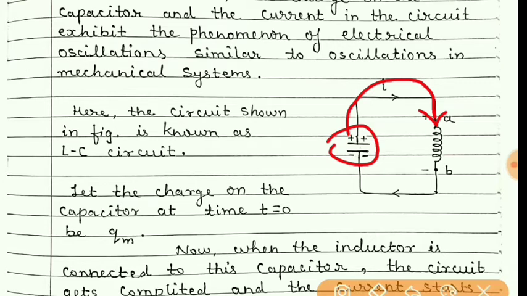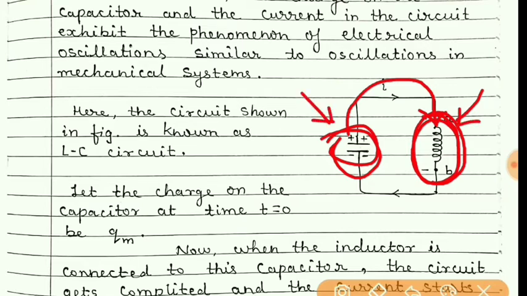Now when the capacitor completely discharges, the magnetic field in an inductor will be maximum, and so now the energy of an inductor is maximum and energy of a capacitor will be 0. Once again current will flow through the inductor and then the capacitor gets once again charged, and in that case what will happen?